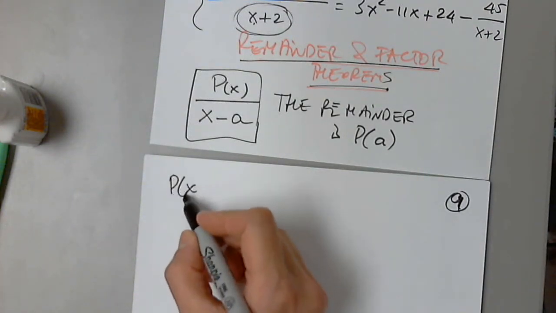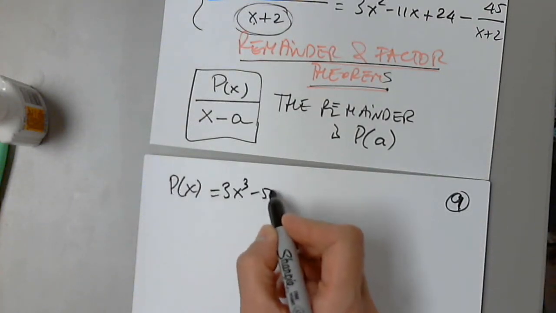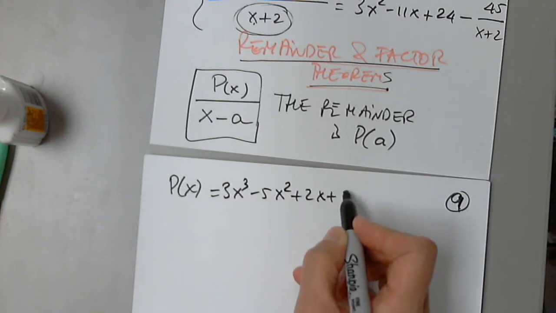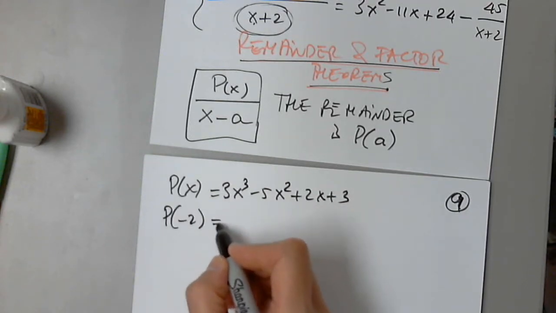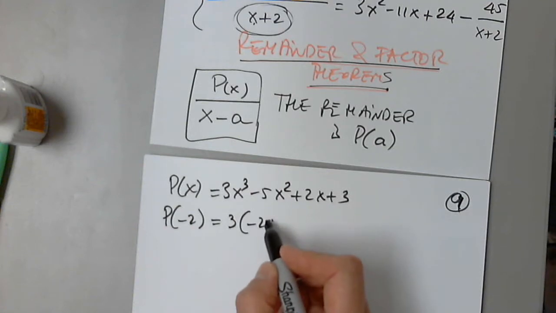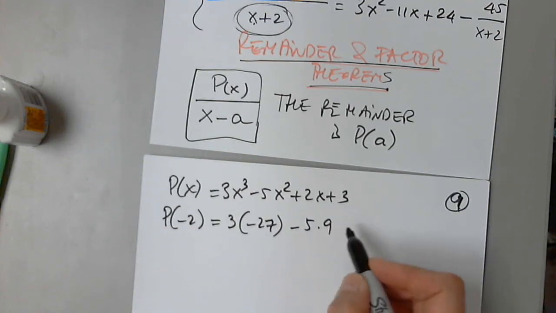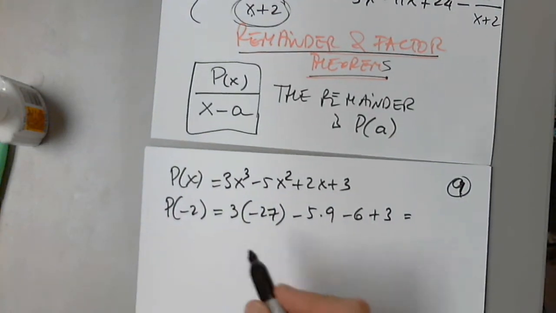So we denote by P of x the 3x cubed minus 5x squared plus 2x plus 3, and we plug in negative 2. 3 times negative 8 minus 5 times 4 minus 4 plus 3. Let's see what we get.